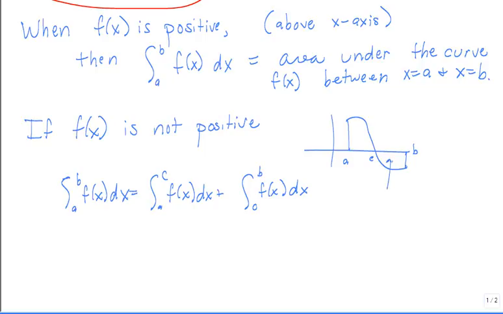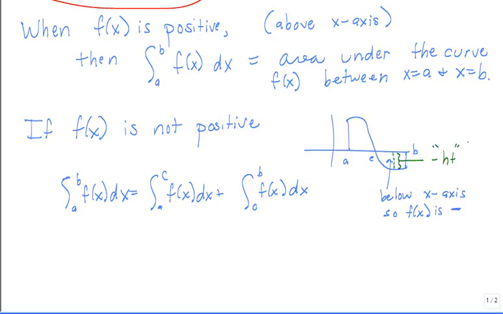Now this is below the x-axis, so f of x is negative, so that height right here is a negative. So I'll just say negative height.